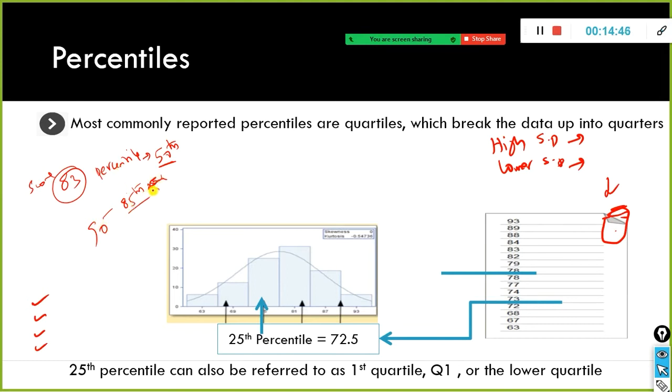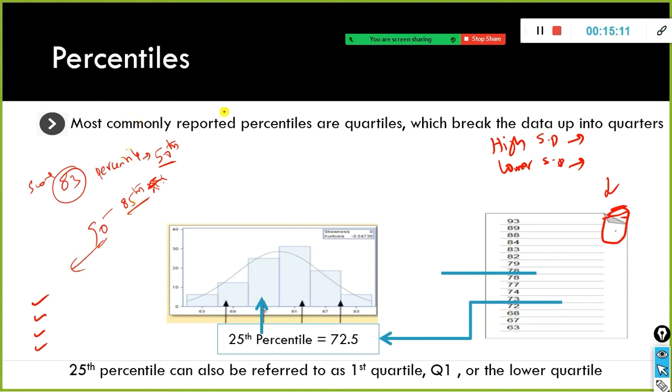It says percentile. 85th percentile means 80% of the students scored at or below 90. There are students who scored 90 like you, and also below 90. So that is what 85th percentile says. So that is what percentile is.